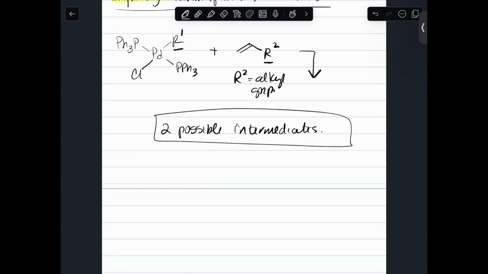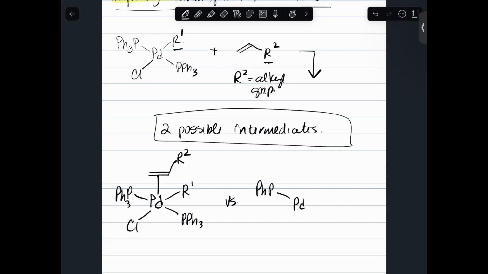And so let me draw both of those out. Okay. So the palladium can complex, or the alkene can complex to the palladium in two very different directions.